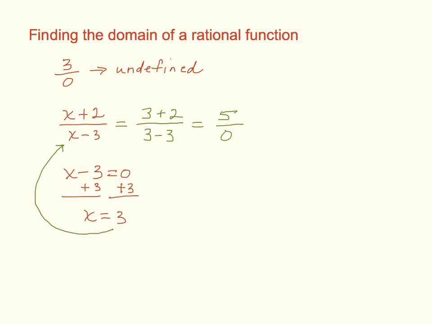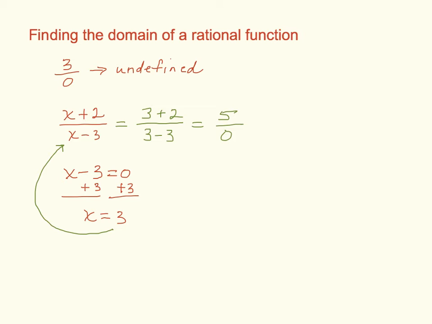So any other number you put in for the value of x will be a good replacement value, but 3 cannot be a replacement value for this particular expression because that creates an undefined expression.